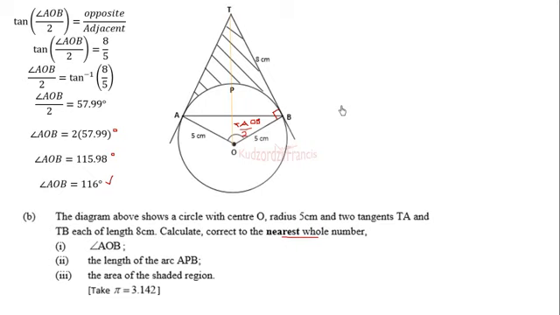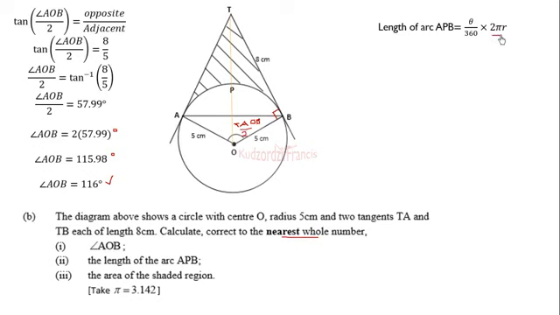Now let us see. The B part says the length of arc APB, this minor arc. So we know the length of a minor arc is given by theta, the central angle over here, over 360 degrees times 2 pi r, which is the circumference of the circle.